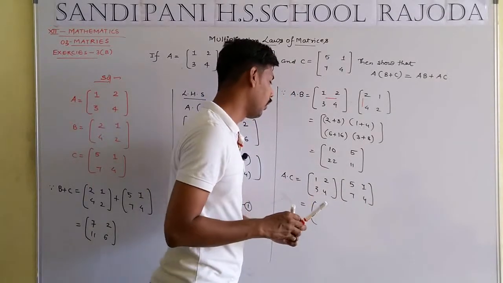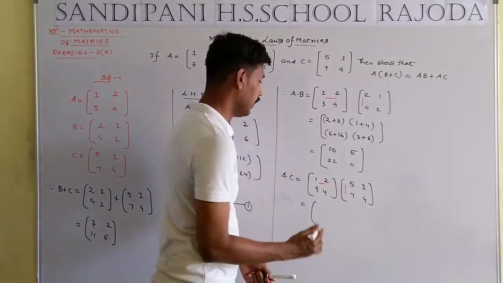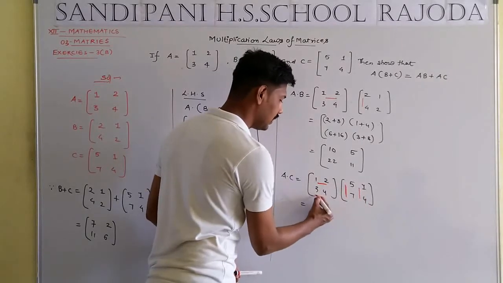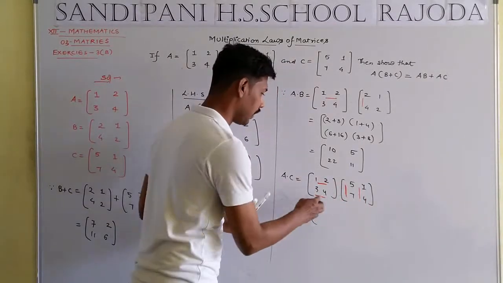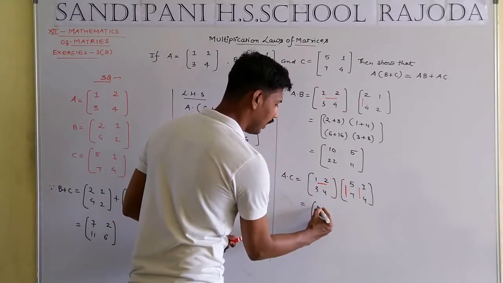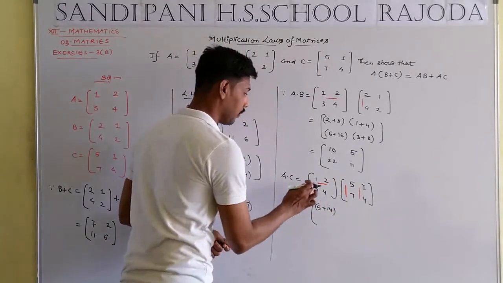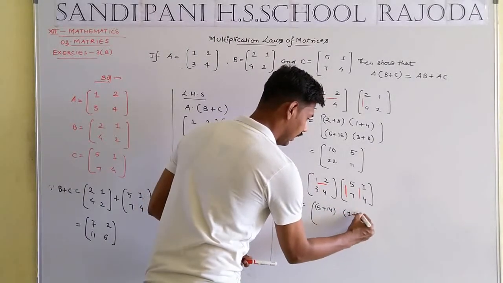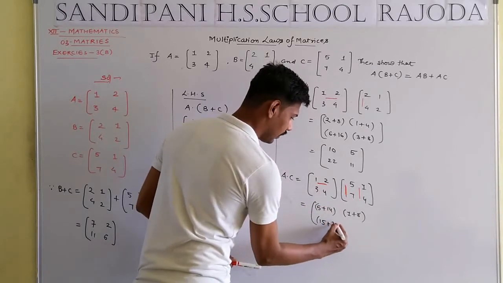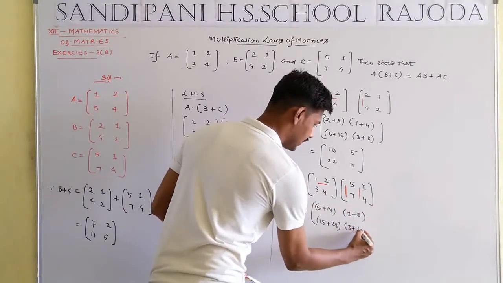The first row of the first matrix is multiplied by the first column of the second, then the second column. 1 multiplied by 5, 2 multiplied by 7, that means 14. 3 times 5 is 15, 4 times 7 is 28, 3 times 1 is 3 and 4 times 4 is 16.